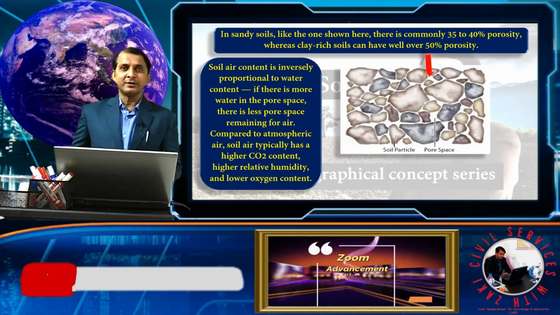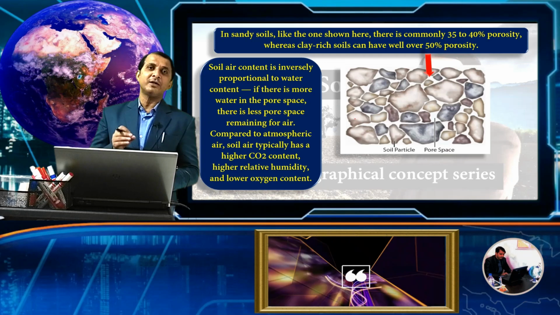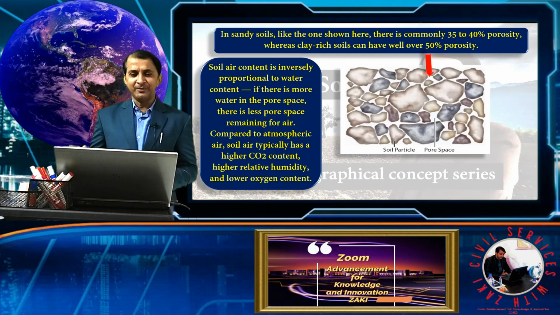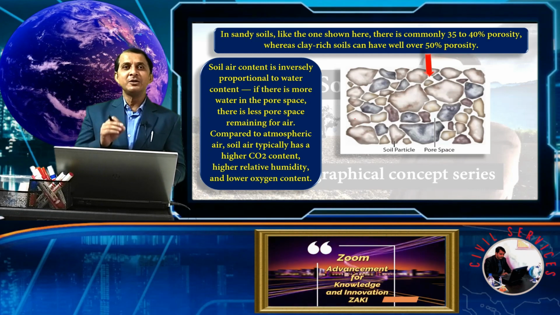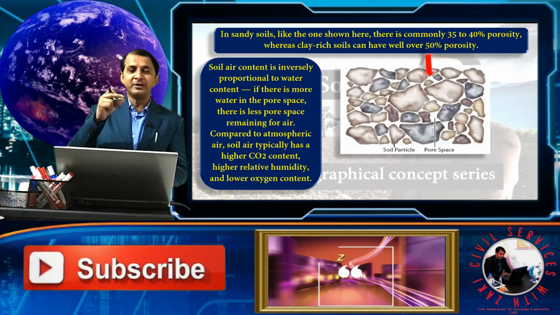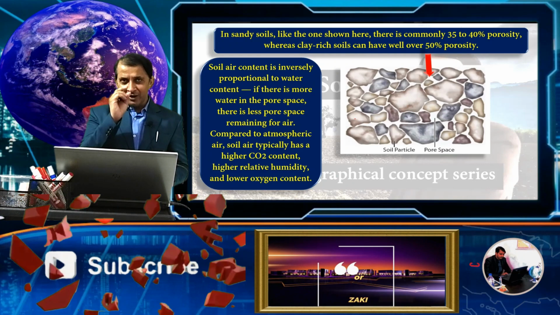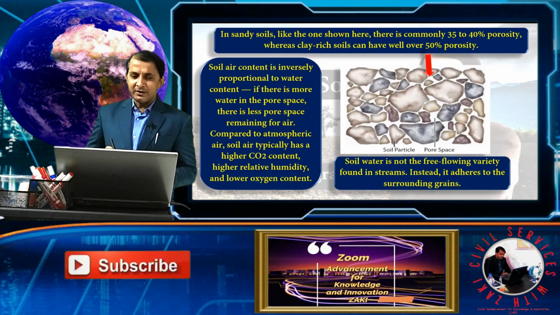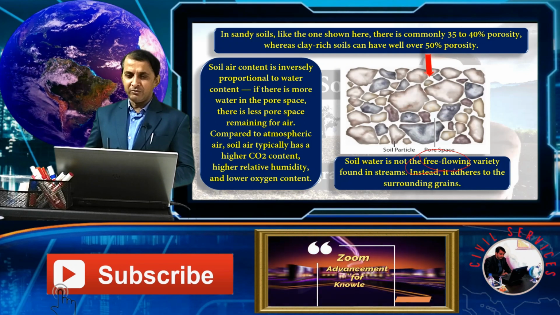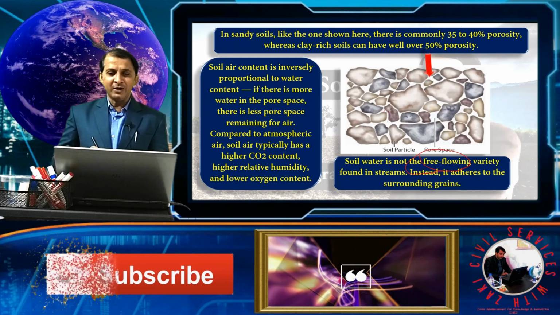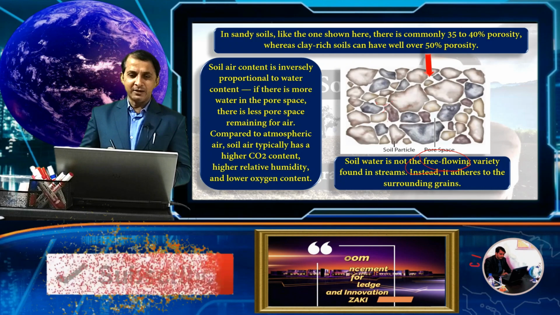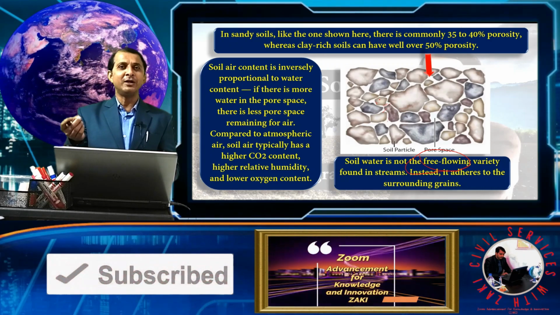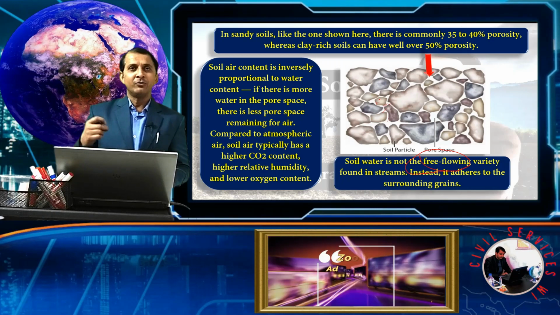Another is water, and this water is not the type of water that flows freely in a stream. This water adheres to the soil particles. See here, soil water is not a free-flowing variety. The water present here is not like water found in a river or other water body.